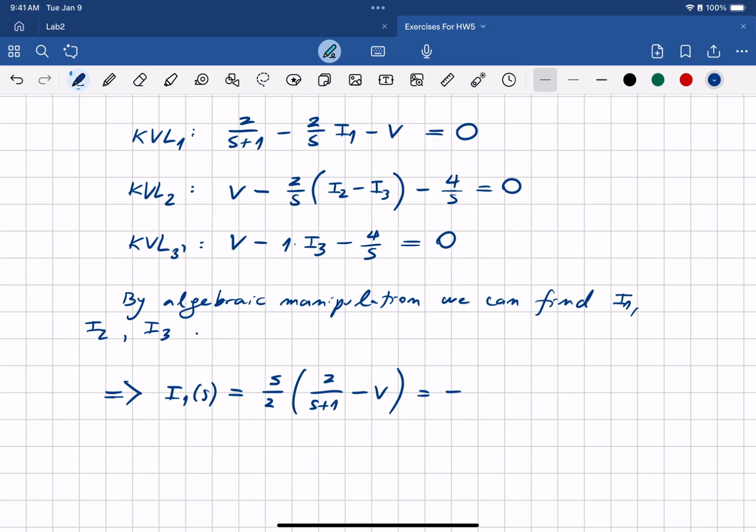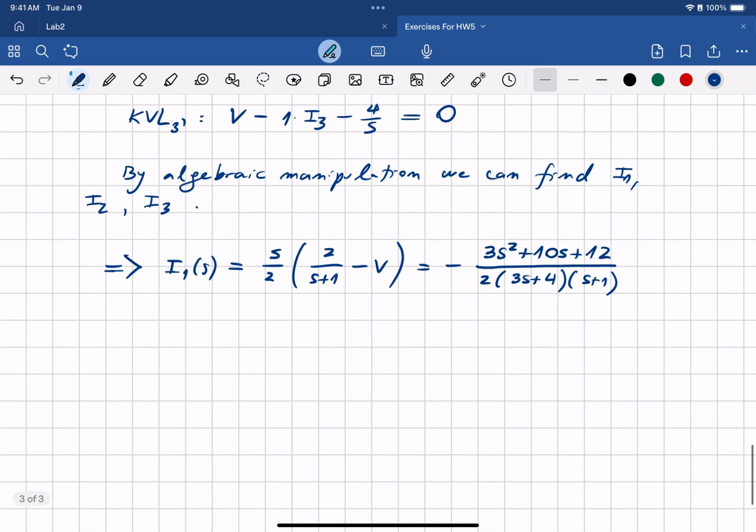So the most compact way is going to be 3s squared plus 10s plus 12 over (2 over 3s plus 4) times (s plus 1). I'm giving you a little more detail than just a solution, an intermediate step so you can check your progress. V minus 4 over s plus 2s I3.